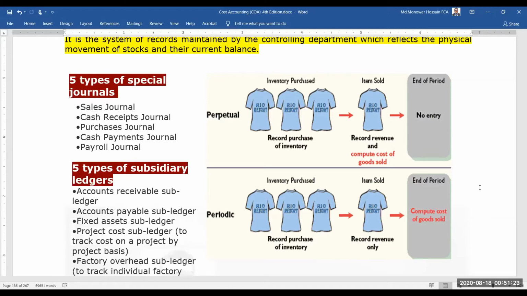But in the perpetual inventory system, we record the purchase of inventory, and if an item is sold, we record the inventory and compute cost of goods sold. At period end, there is no journal entry. This is the basic difference between perpetual and periodic.